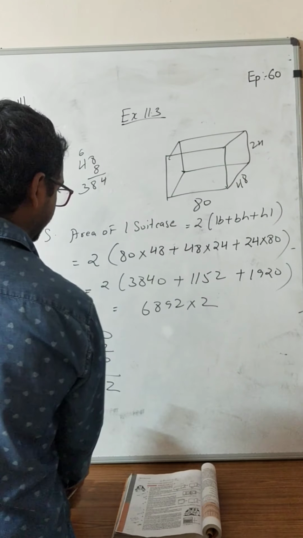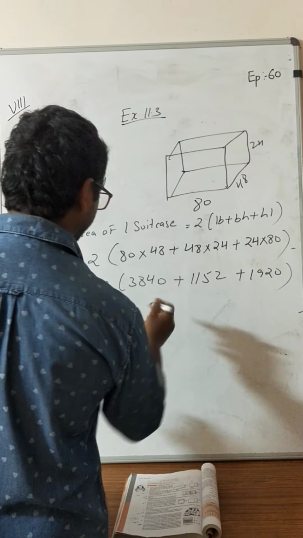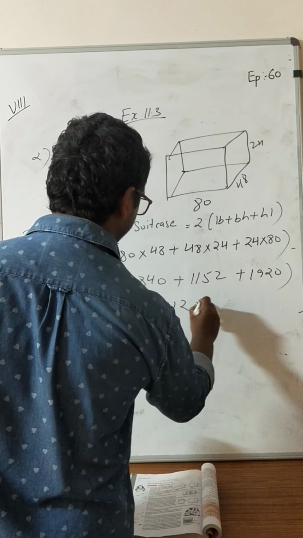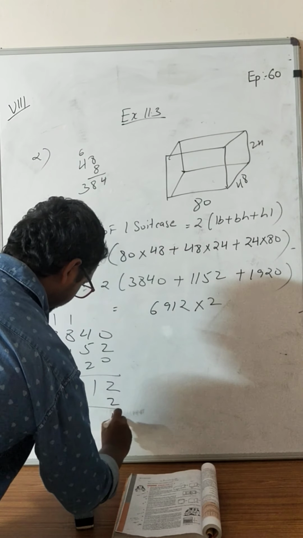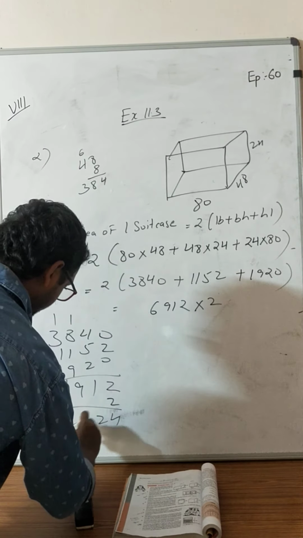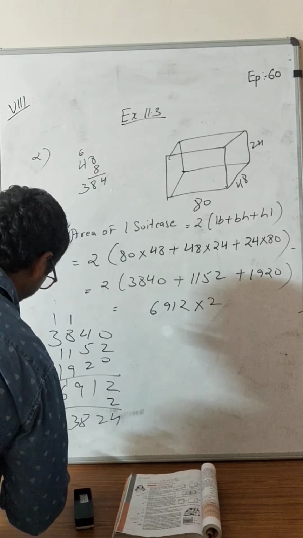It is 6912. 6912 into 2, so we'll get 13824.